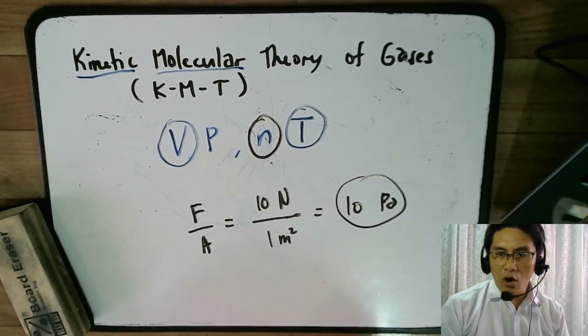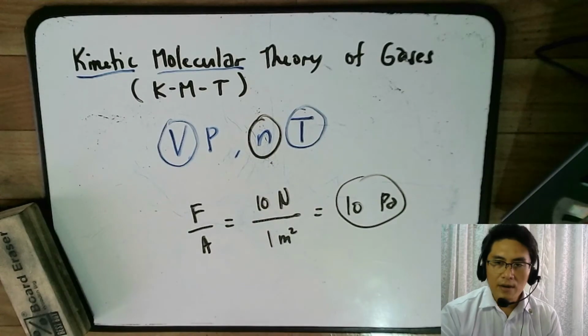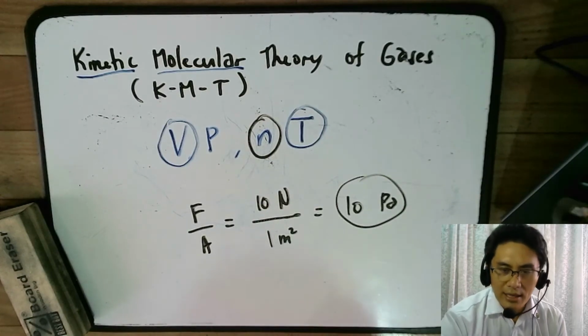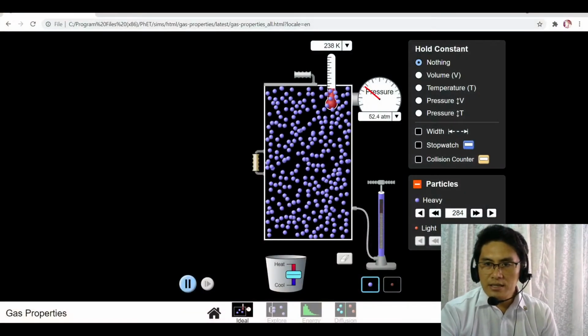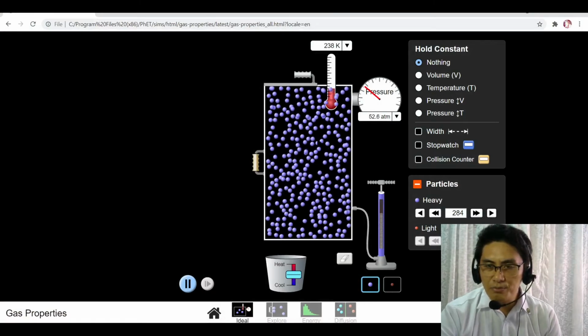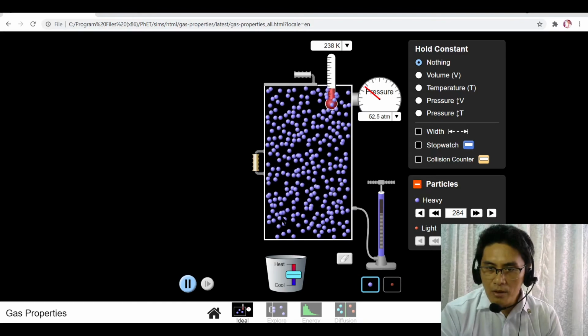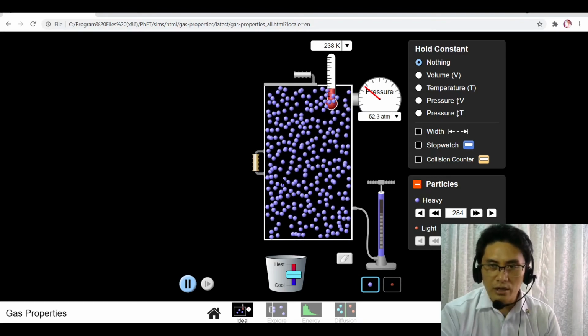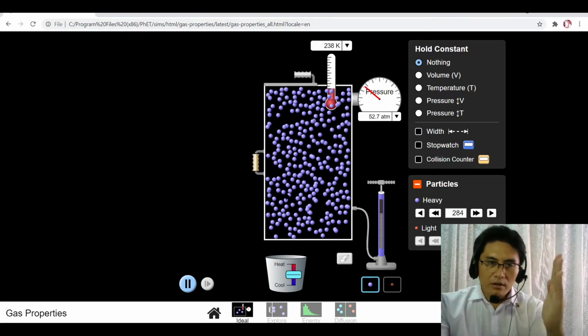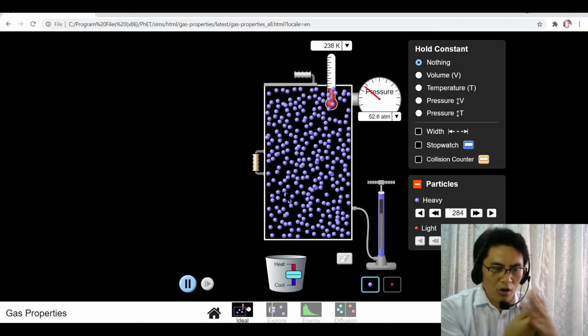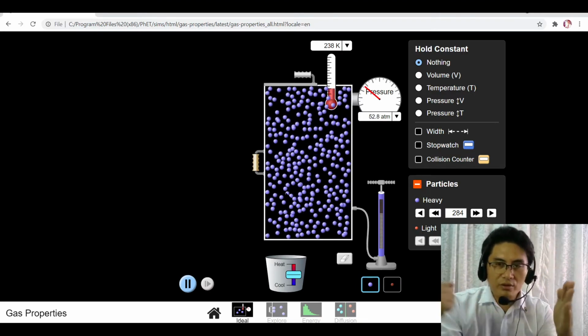Now in the context of gases, we can think of it like this. See these particles? They are colliding with each other, and they are hitting the walls of the container. When a particle hits the wall of a container, obviously it exerts force onto the container.